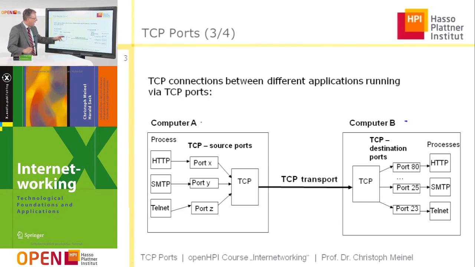SMTP has to address on the receiver side the port number 22, Telnet the port number 23. You see, this TCP connection can be used at the same time by different application processes. And to identify which message belongs to which communication, the endpoints of the communications are important. So these are the two endpoints of this HTTP communication. These are the two endpoints of the SMTP communication.